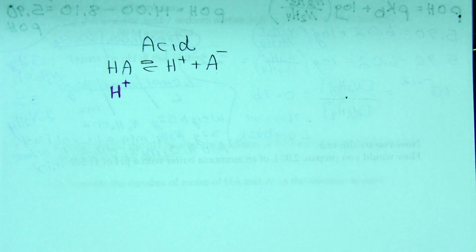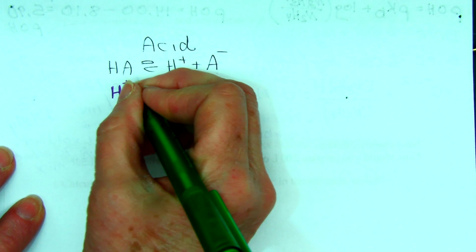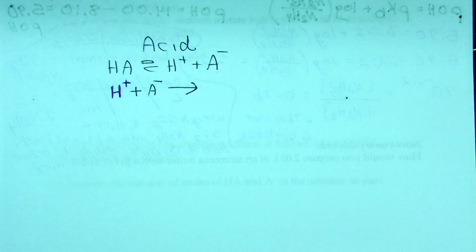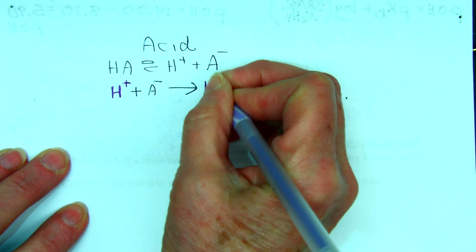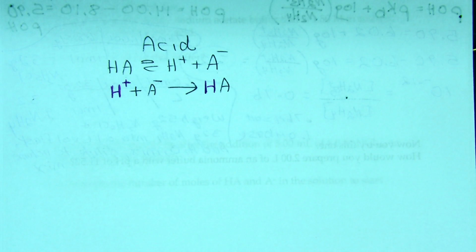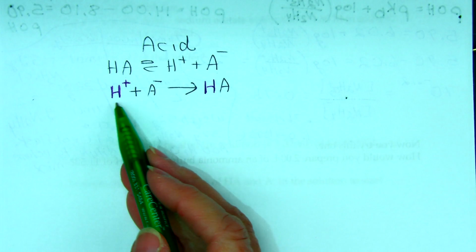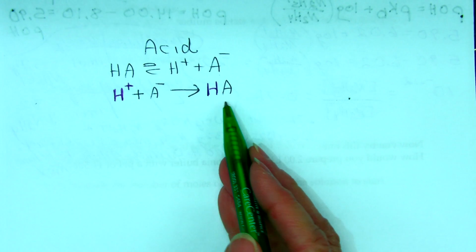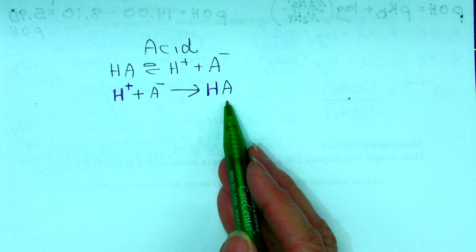So I dump in that loose hydrogen ion, the purple hydrogen, and that purple hydrogen will react immediately with the A minus in a one-way street, and it makes purple HA. Does that make sense? That when I dump in loose hydrogen ion, it immediately reacts with the anion and makes some weak acid.